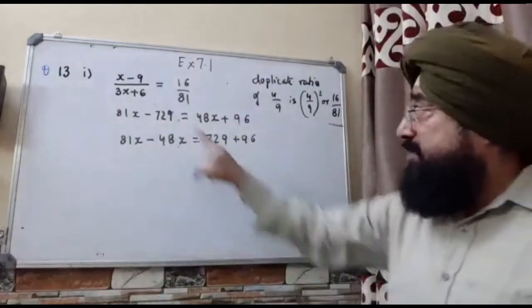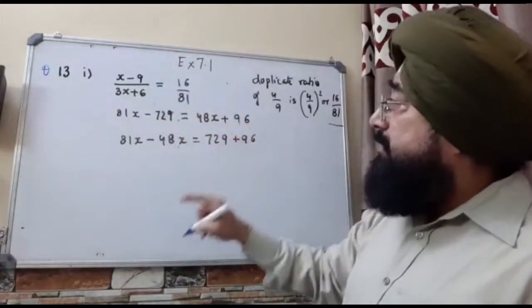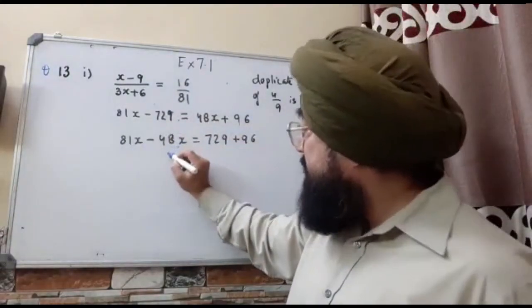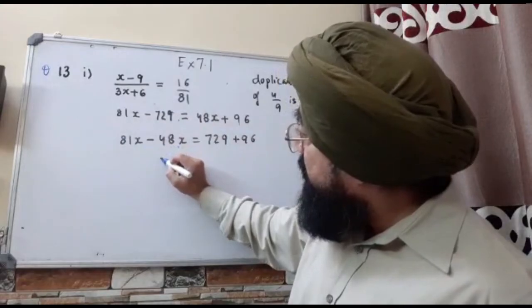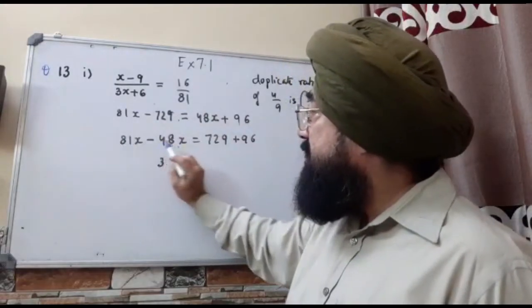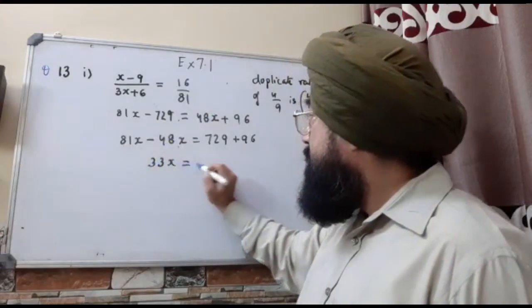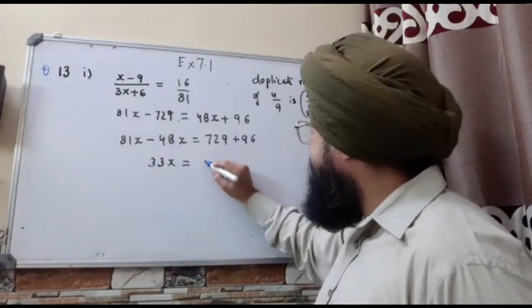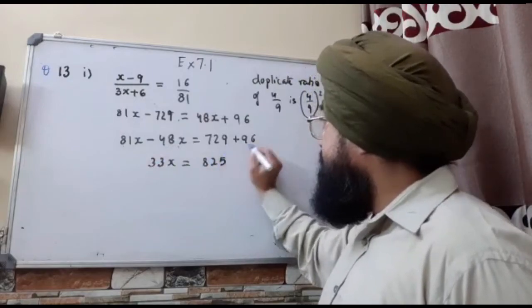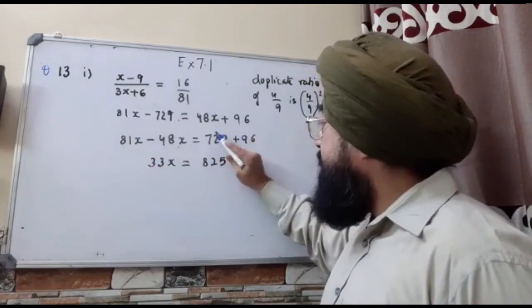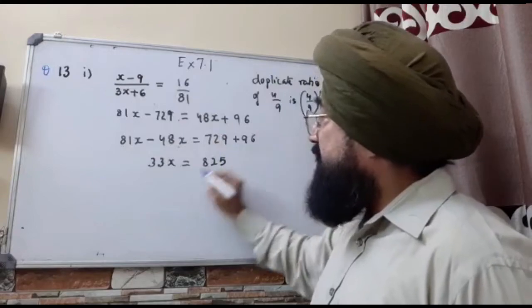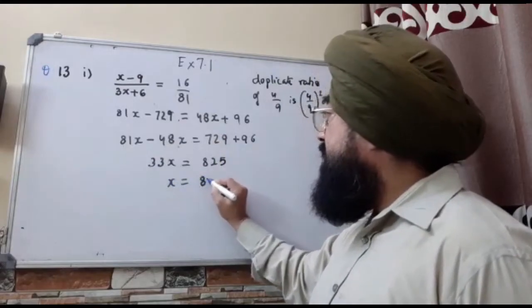That is 33x, and this becomes 825. So therefore x becomes equal to 825 upon 33.